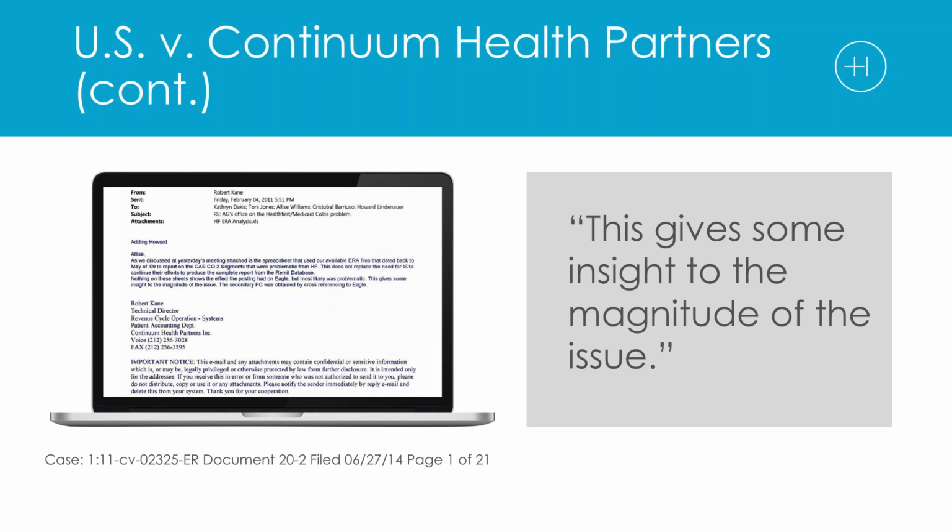They were still very early in the discovery phase, just learning about the issue, and this was, I believe, a couple days after the initial meeting. He sent an email with an attachment, an Excel file that showed potentially the universe of claims that were of concern. The fact that he used this language, this gives some insight to the magnitude of the issue, was the credible evidence, and that's when the clock started ticking. They didn't get it done in 60 days, and thus the lawsuit.